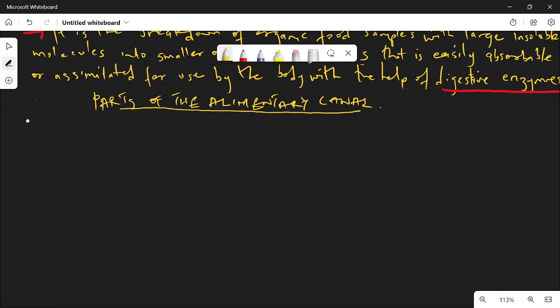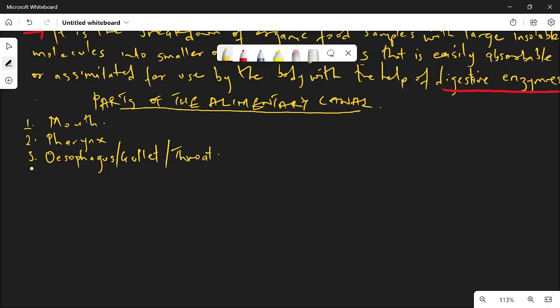So one, we have the mouth. Two, we have the pharynx. Three, we have the esophagus, or in some textbooks it is called the gullet. Some textbooks also call it the throat. Then number four, we have the stomach.